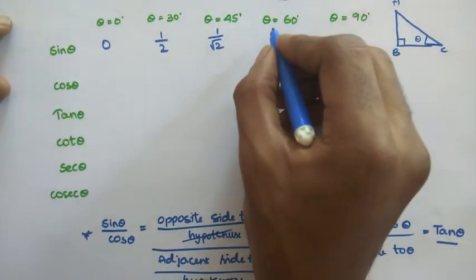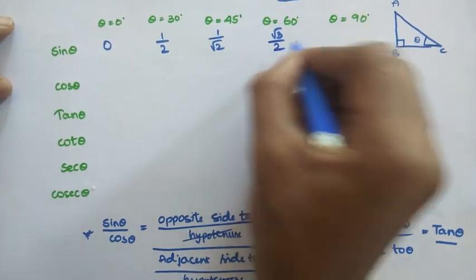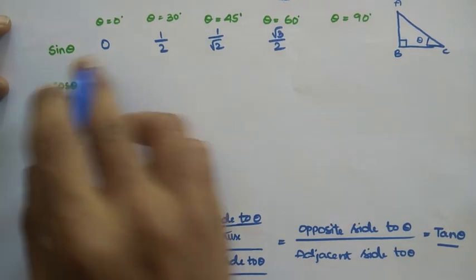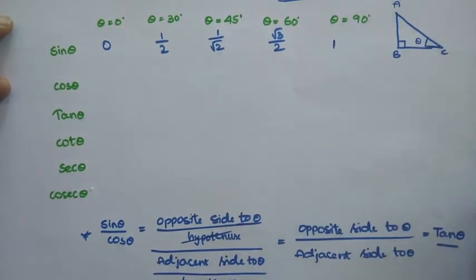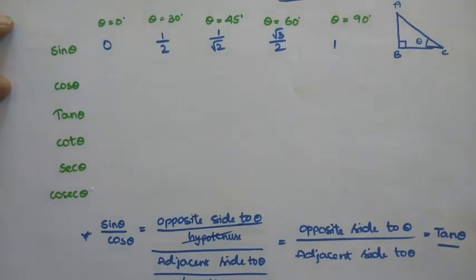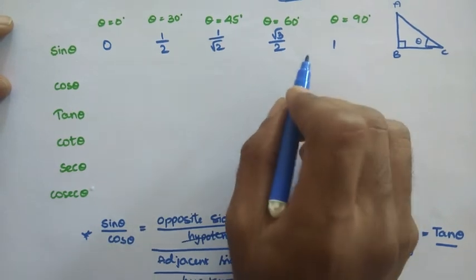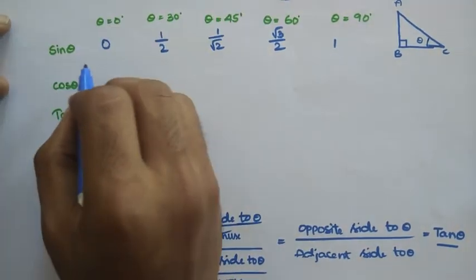If theta is 60, then sin 60 will be root 3 by 2. And sin 90 will be 1. This is how you remember these values. Don't worry, I'll tell you in the next video how these values have come.